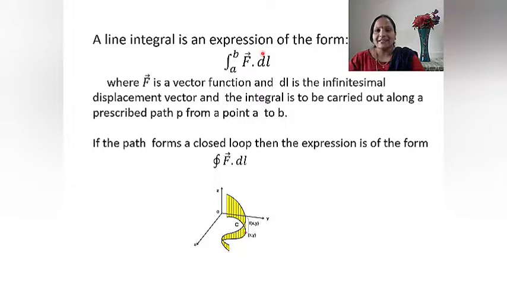A line integral is an expression of the form line integral of f dl from point A to point B on the prescribed path, where f is the vector function and dl is the infinitesimal displacement vector, and the integral is to be carried out along the prescribed path P from point A to point B. If the path is a closed loop, then the integral along the closed loop can be written as closed line integral of f dl.